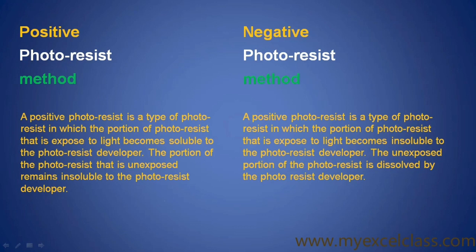Here in positive photoresist, after exposure to light, the photoresist becomes soluble to the developer. And in negative photoresist, it is another method: after exposure to light, it becomes insoluble to the developer.